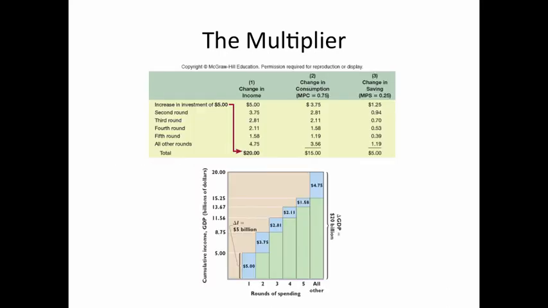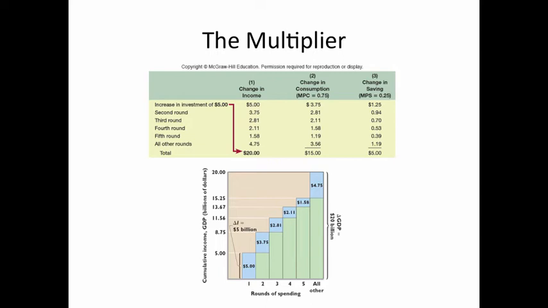So this schematic here may help your understanding of what we're talking about. Because again, this is a very important point for us. So the table, if you notice at the top, I just pulled this straight out of the textbook. We have the initial change in income, which is caused by the initial change in spending.